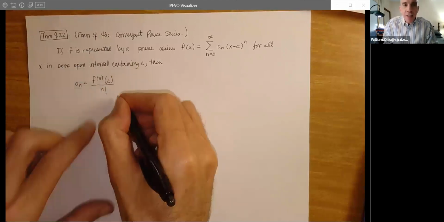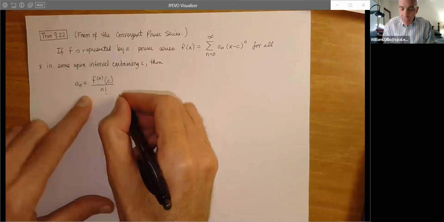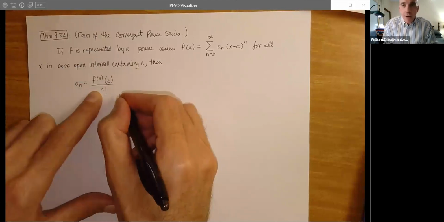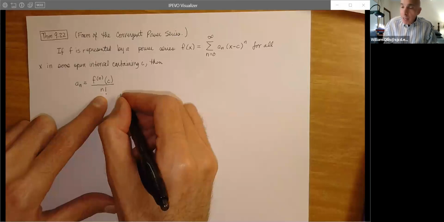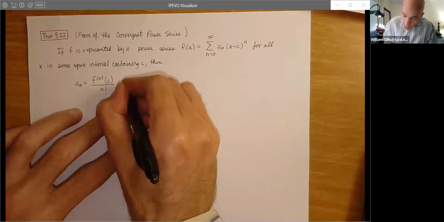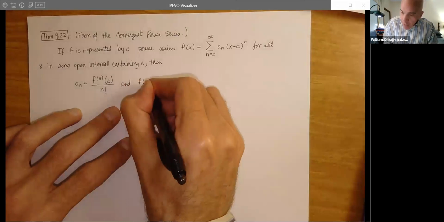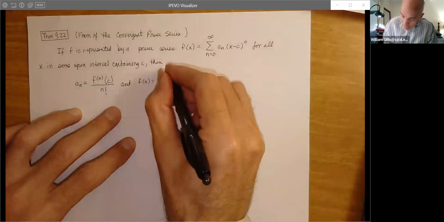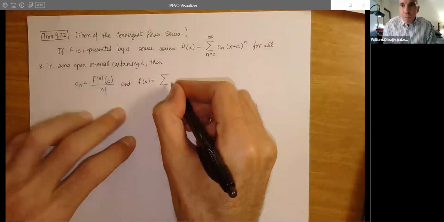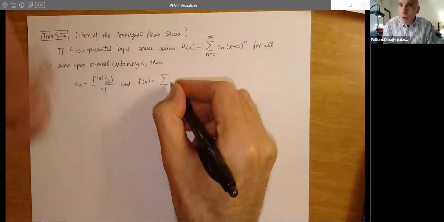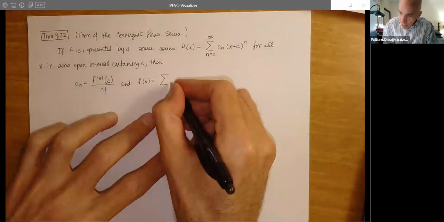Again, the coefficients a sub n will be the nth derivative of f evaluated at c divided by n factorial, as you well know, and therefore f of x is basically the infinite Taylor polynomial, or the Taylor series.